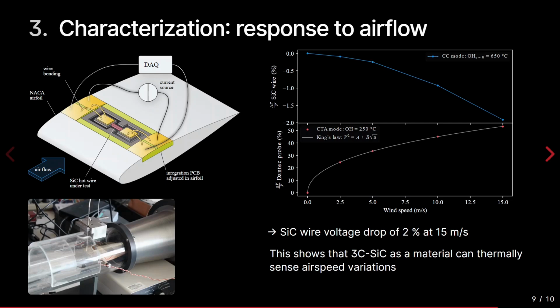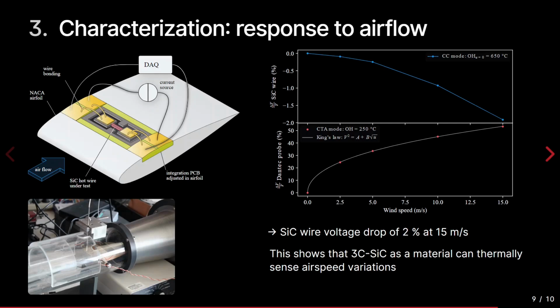And so we placed it into a small wind tunnel, which can blow up to 15 meters per second. And so what we observe is that we have a voltage drop of the silicon carbide wire from 0 to 15 meters per second. So remember, the wire is cooling because of the flow, so the electrical resistance decreases because we are in negative TCR.